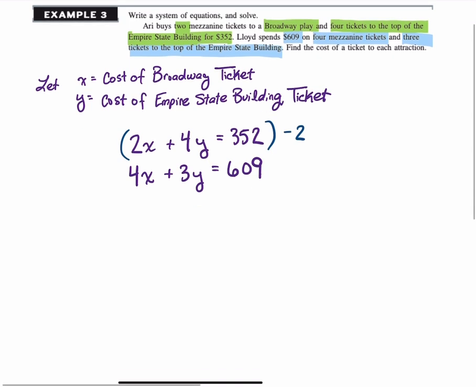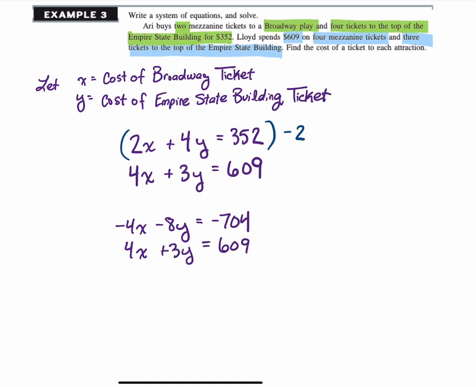That will give me -4x minus 8y, and then 352 times -2 should give us -704. And the second equation we're keeping the same. We have positive 4x plus 3y equals 609.